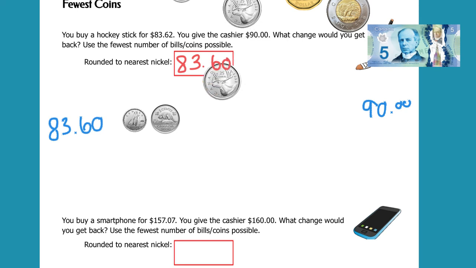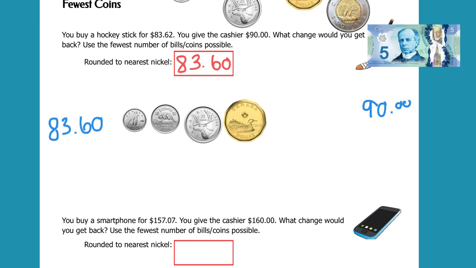So I know if I add a quarter, I'm now going to be at $84. And I know that I need to get to $90. Another convenient amount is if we can get to a 5 at the end of our number. So if I'm at 84, now if I put a dollar down there, I'm at $85.